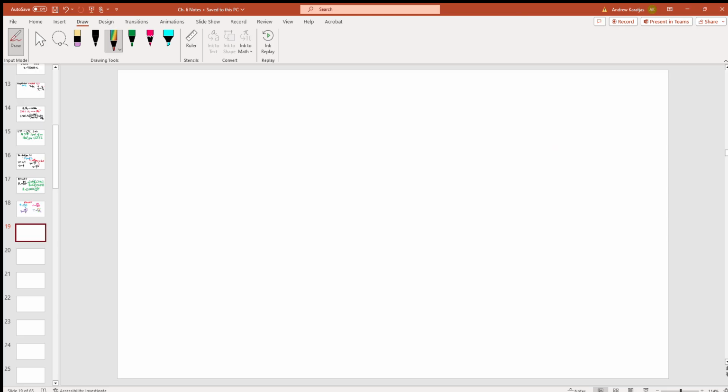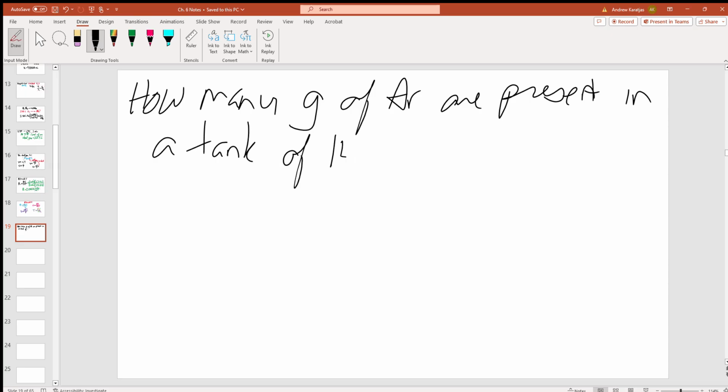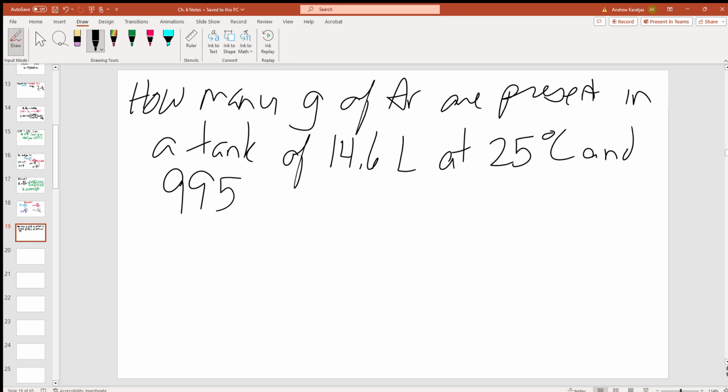For example, we could ask, how many grams of argon are present in a tank that is 14.6 liters in size at 25 degrees Celsius and 995 torr.